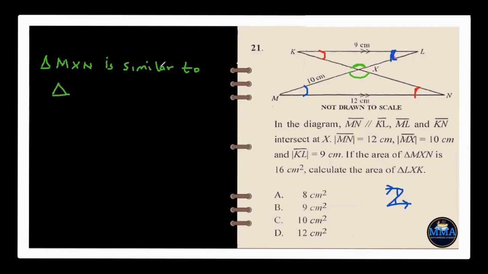Now, when we pick M, look at M, that is the angle marked blue. If we go to this triangle, we are going to pick L. That's the part that matches with L.